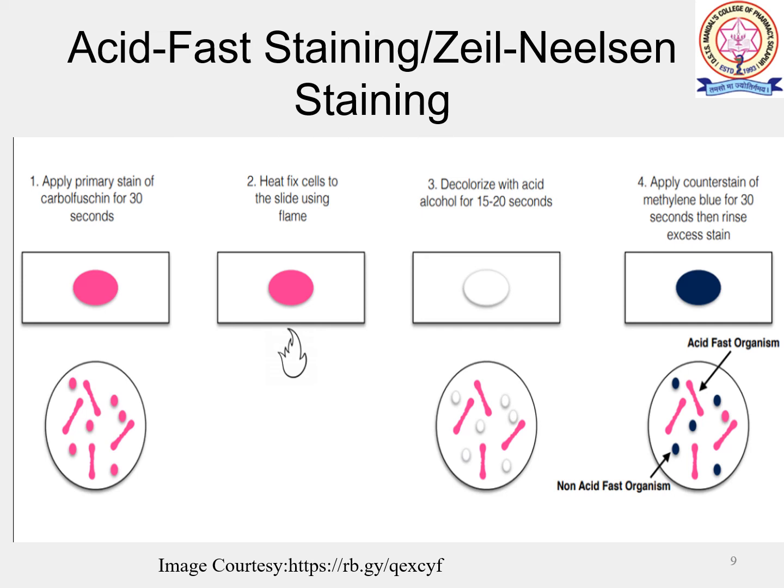So here the carbol fuchsin, which is a primary stain, is applied and it will stain because it penetrates through the waxy surface of the acid fast microorganisms, and the excess stain will be washed with the acid alcohol, and then secondary stain methylene blue will be added, so that we get the differentiation between acid fast organisms and non-acid fast organisms.